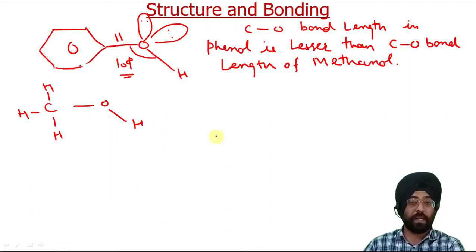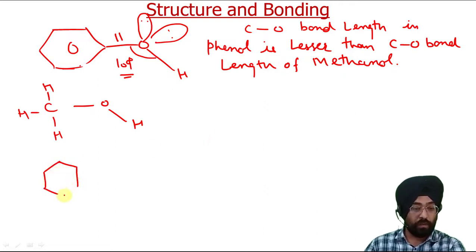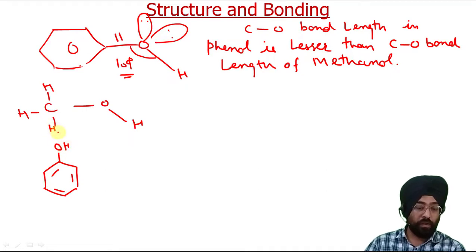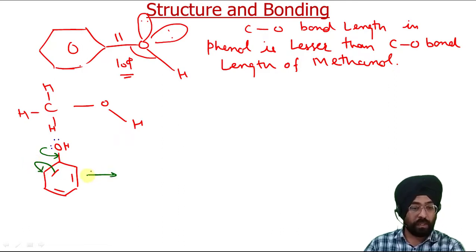This can easily be explained on the basis of resonating structures of phenol. This is your phenol. So phenol has two unpaired electrons. What it does, it shows this type of resonance. Okay, so because of this resonance which is absent in methanol, here you get double bond.